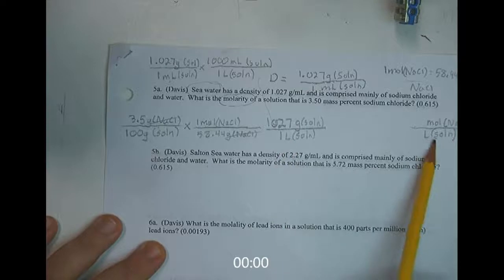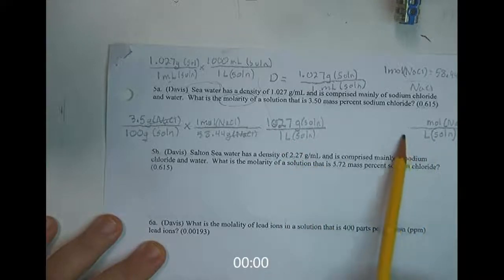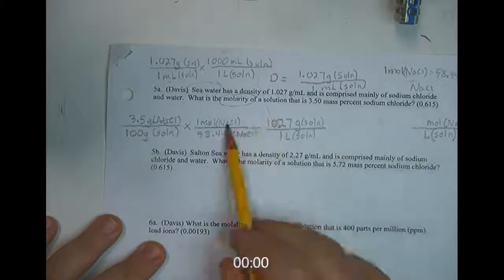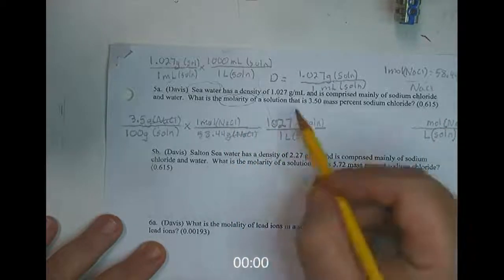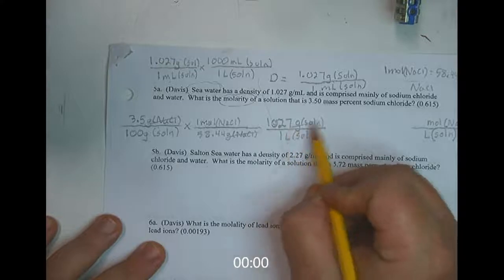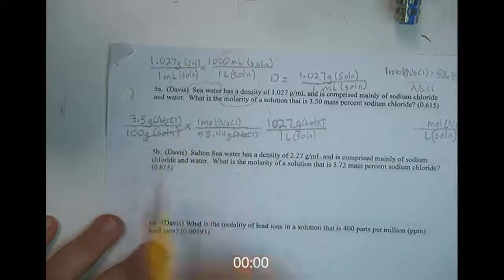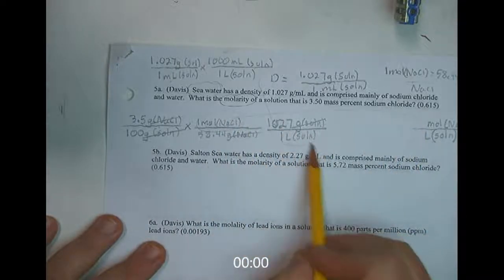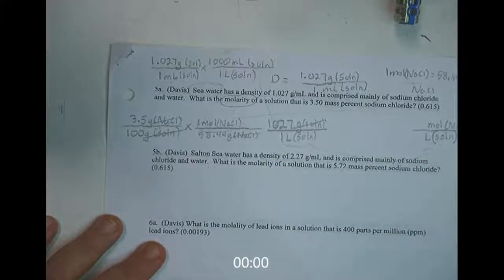Now this is really good. We're at liters of solution here, and liters of solution is what we want on the bottom. Moles of NaCl is what we want on the top. Grams of solution cancels with that and with that. So the only things left standing are that and this, and that's the answer to our problem.